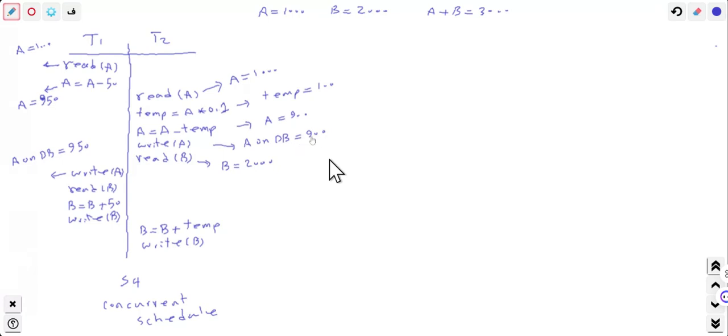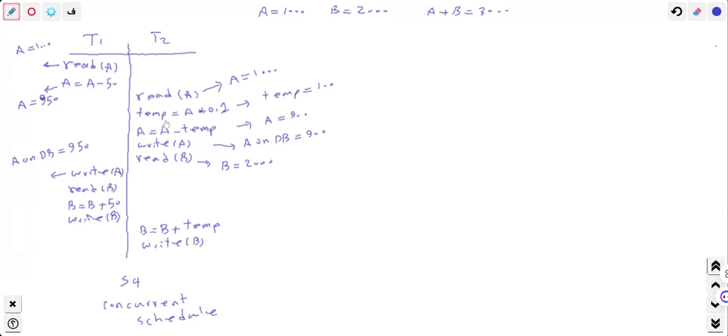When we write the value of 900 on the database, T1 does not know, because T1 has read A before writing A. T1 has the old value of A and does not know anything about the new value that T2 writes on DB.